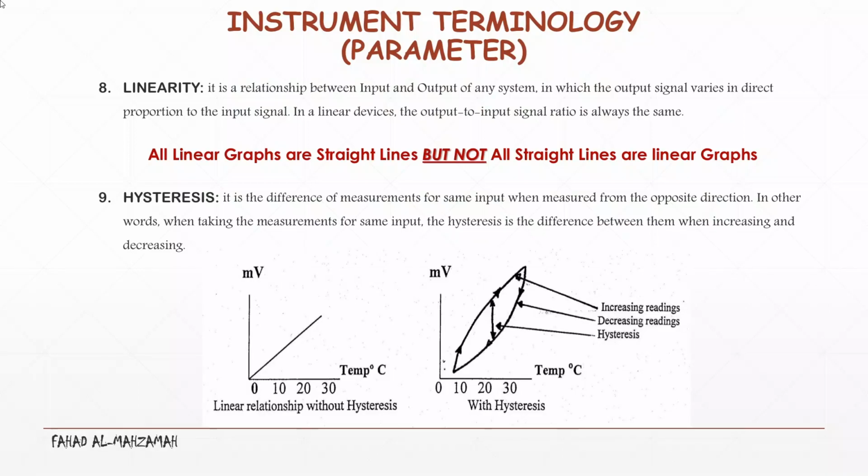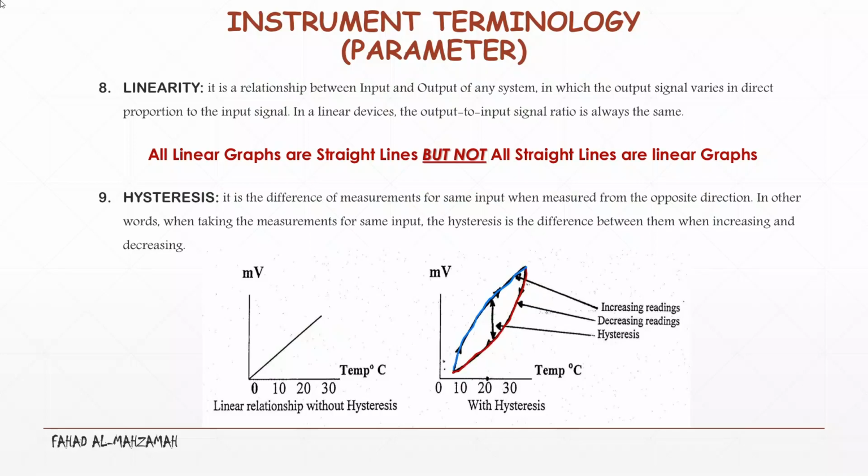Here you can see that this is a typical linear graph, a typical linear line, a straight line. Now, what about hysteresis? It says that for the same input, for example, let's say at 20, these are the measurements when you are going from the minimum to maximum, and this represents the measurements when you are coming from the maximum to minimum.